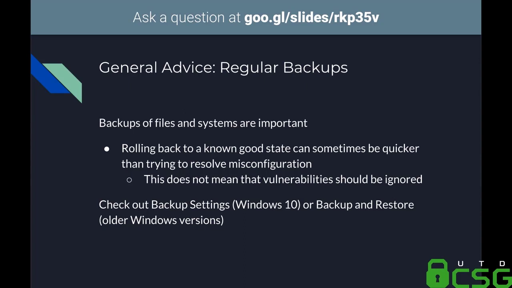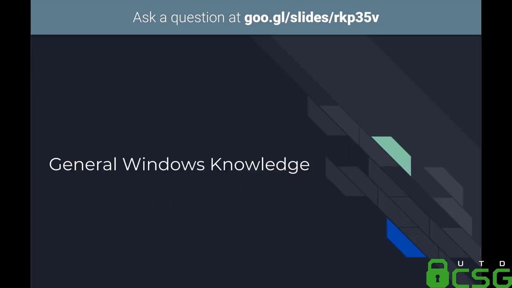So you still need to fix your vulnerabilities, but it is important to have regular backups in order to make sure that if something does go wrong, you can go back to a known safe point. For that, the backup settings within Windows 10 are called Backup settings. In older versions, it's Backup and Restore. That's an easy way on Windows to back up your system or certain sections of your operating system.